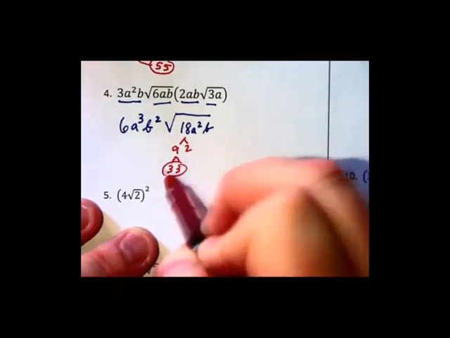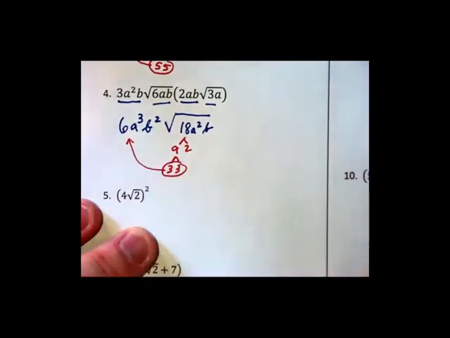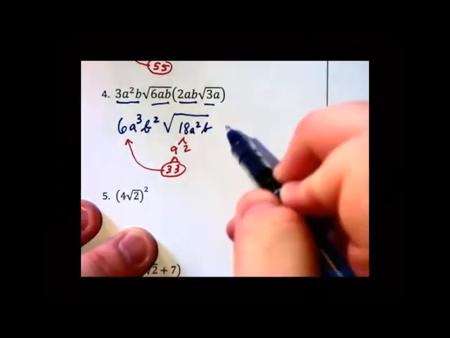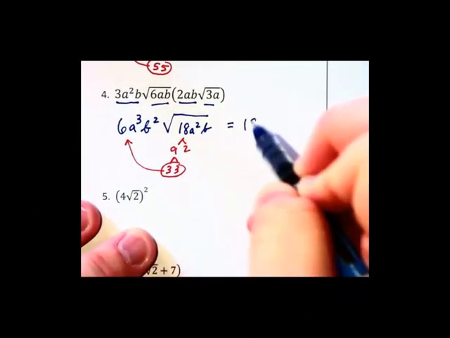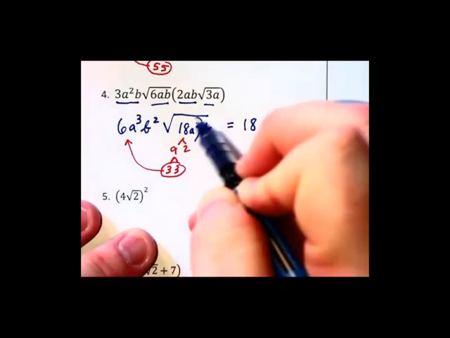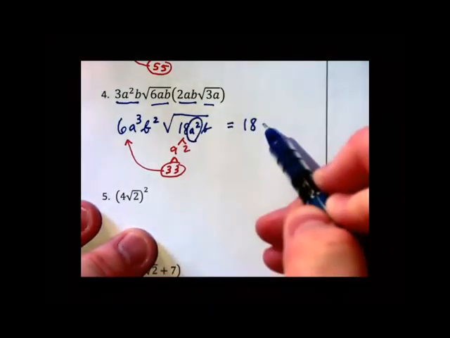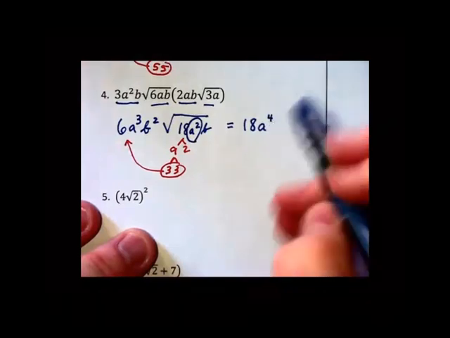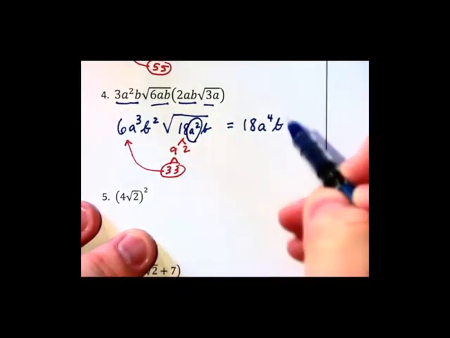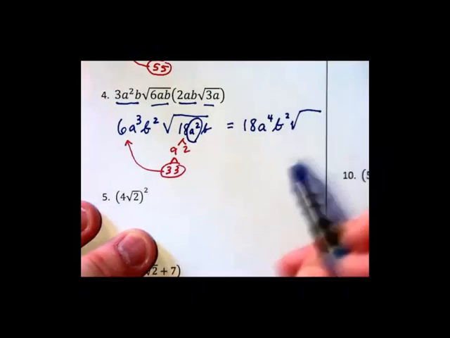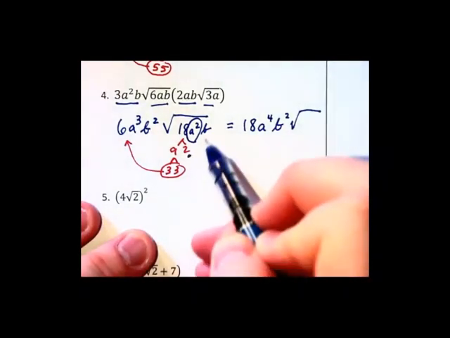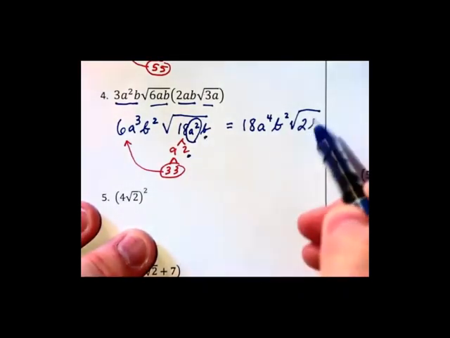So that pair of 3s will multiply as a single 3 coming out with the 6 to give us 18 on the outside. We have a pair of a's which will come out, multiply out front with the a to the third, making a to the fourth. Then we've got the b to the second. Left over inside the radical is the 2 and the b. So root 2b.